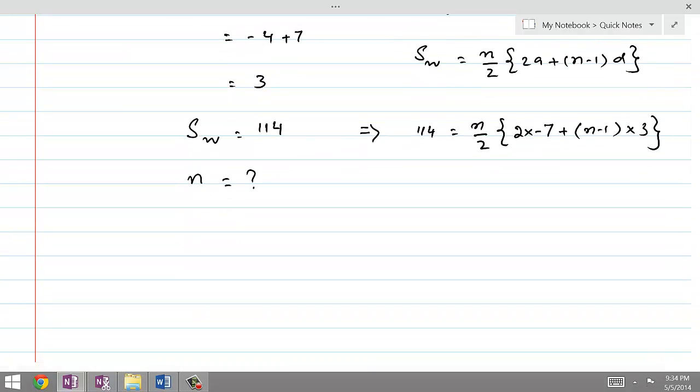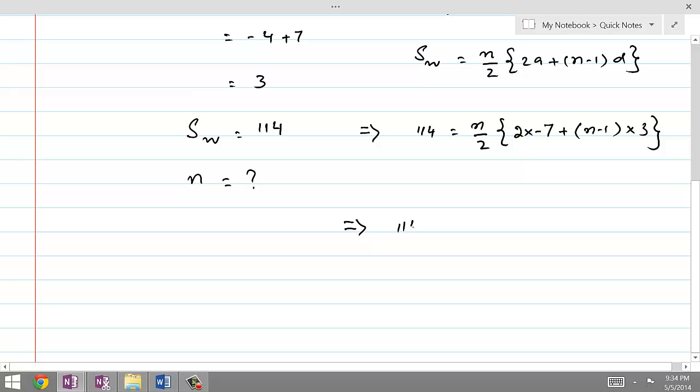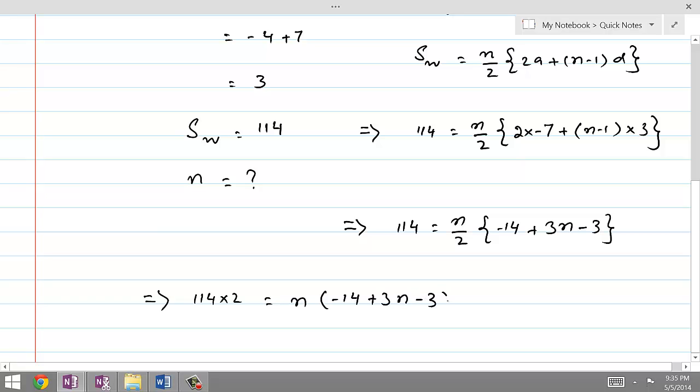So let's solve this. This will give us 114 equal to n by 2 times (-14 plus 3n minus 3). If we multiply by 2 on both sides, what we get is 114 times 2 is equal to n times (-14 plus 3n minus 3).